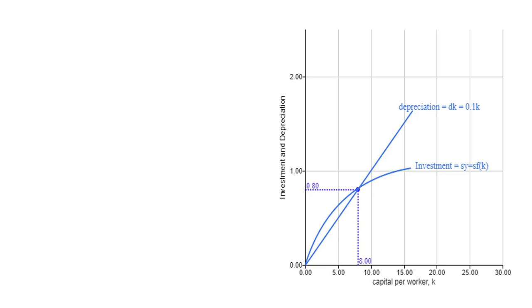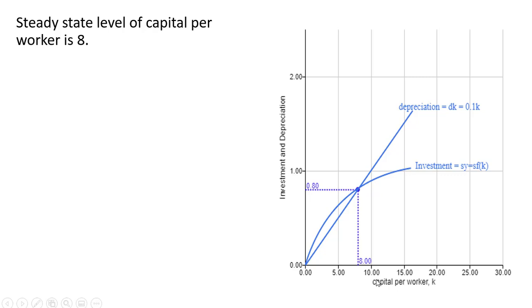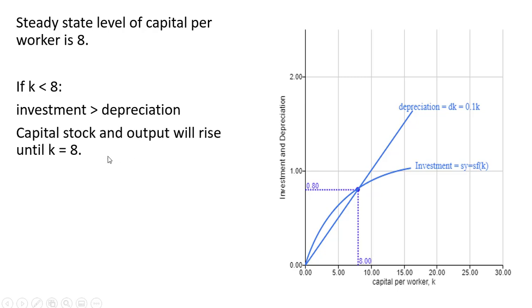And we can look at this graphically. So the steady state level of capital per worker is 8. So that's where the investment and depreciation per worker are the same. If K is less than 8, investment will be greater than depreciation, and the capital stock and output will rise until, once again, K equals 8.